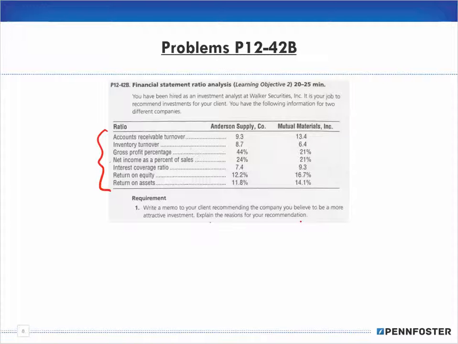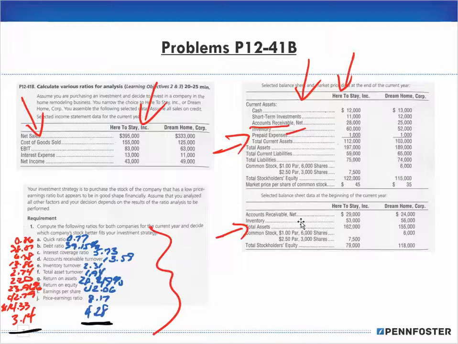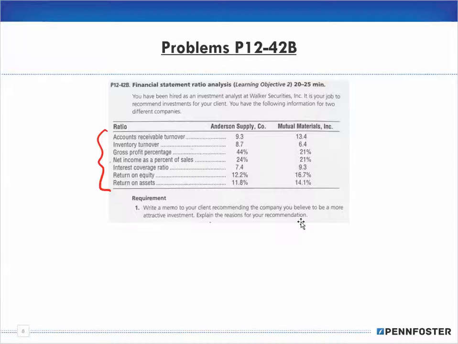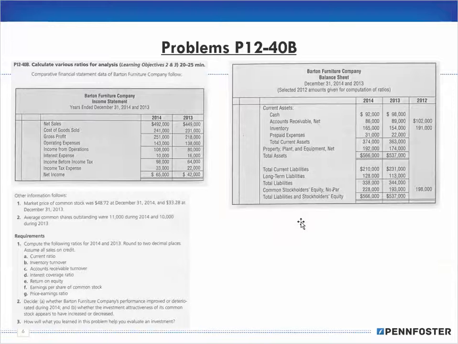But this is the crux of financial analysis. I mean, doing things like this, or trying to decide which company is a better investment, or even whether your company is improving or declining, which would have been something like problem 40, right?